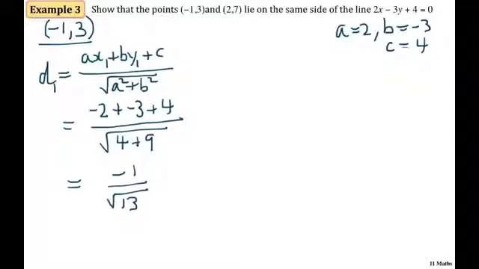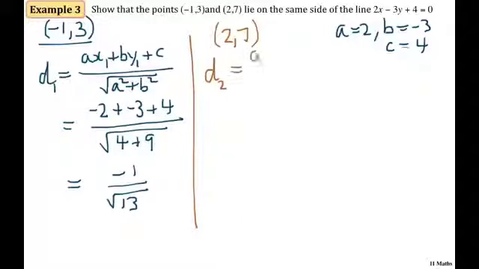and go on to finding our distance from the point 2, 7. I'll call this distance 2. Here's our formula. Notice I'm not putting the absolute value signs on. Let's plug in the values.